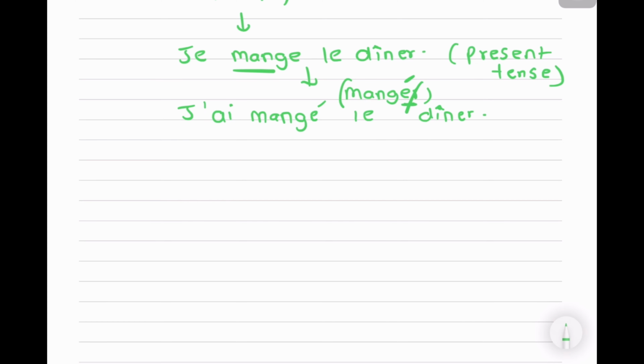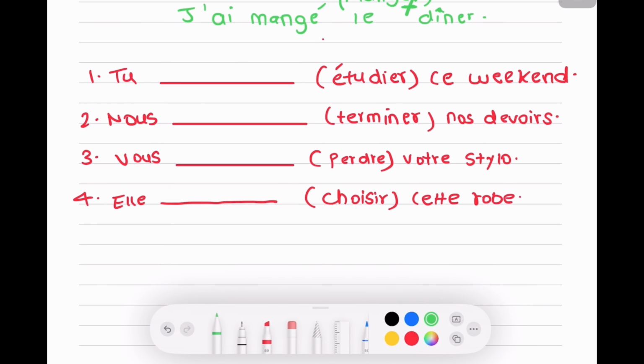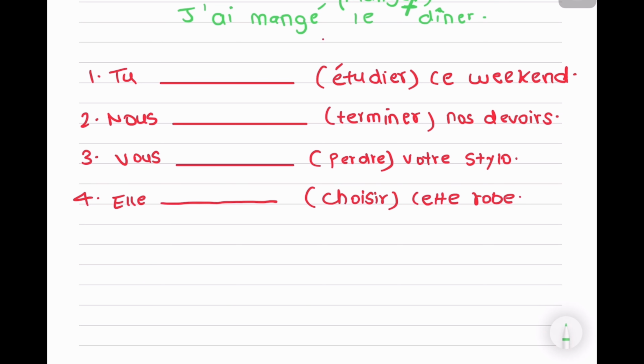Okay, so now we're going to do an exercise in passé composé with avoir to understand better how to actually do it in an exercise. Before you start any exercise in passé composé, one thing needs to be in your mind: all you have to do is avoir plus past participle. This P is your past participle.